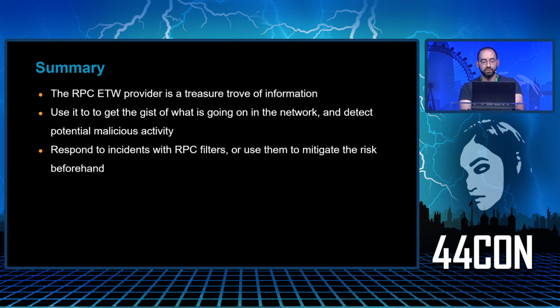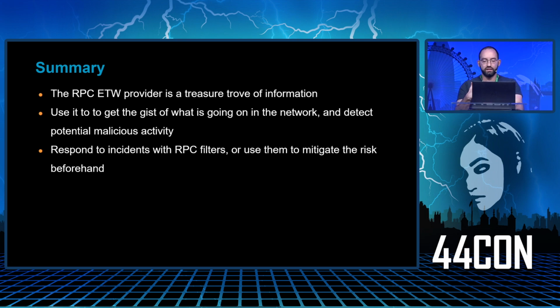And that's it, basically. So let's summarize before moving on to Q&A if we have time. So we've seen the RPC and how it works and how it looks behind the scenes. Then we've seen how we can see what has been requested using the ETW provider of RPC. And I believe it's really a treasure trove of information that we can't get anywhere else.